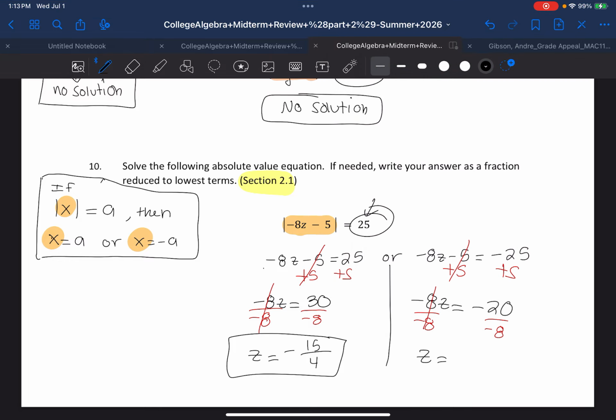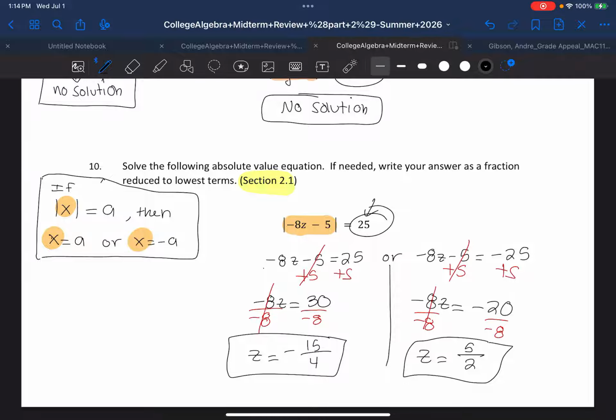So z is equal to positive 5/2, because both of those can be divided by 4. And both were negative, so that'll give me positive. And so that's my other answer.